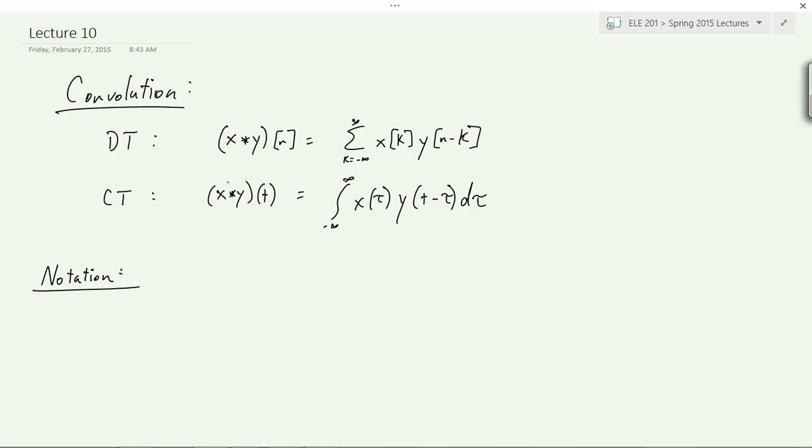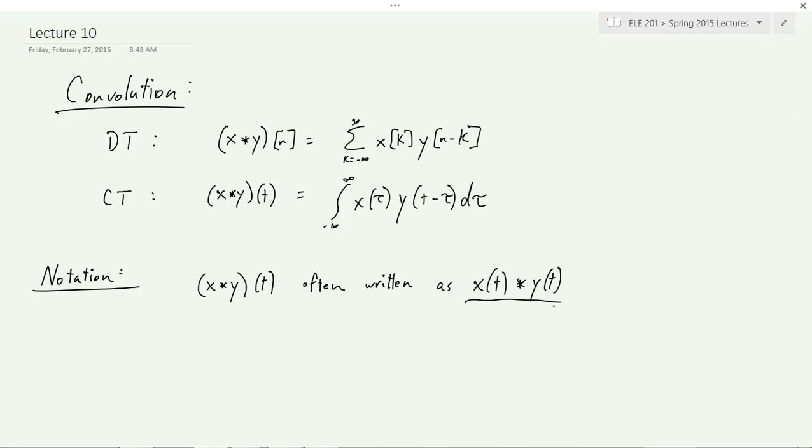Before, this convolution between two signals is often written as x of t convolved with y of t, and that's how I was writing it previously. In fact, I'll use that a lot here. However, it's really an abuse of notation. This one here is not a precise way to write what we mean.